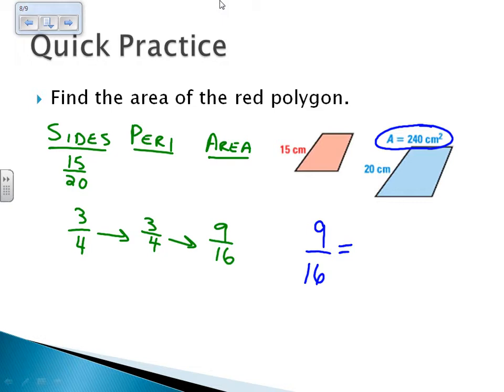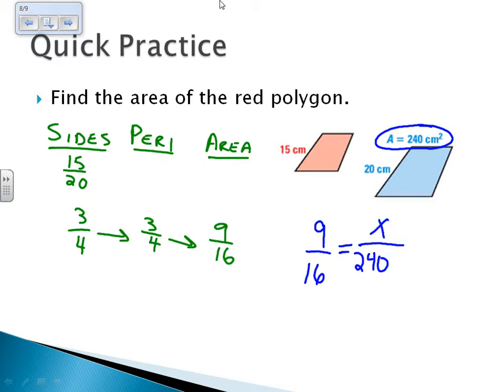Why the bottom? Yeah, because we put the big one on the bottom to begin with. So this is 240. What should I put on the top? X. What does X stand for? The area of the red polygon.